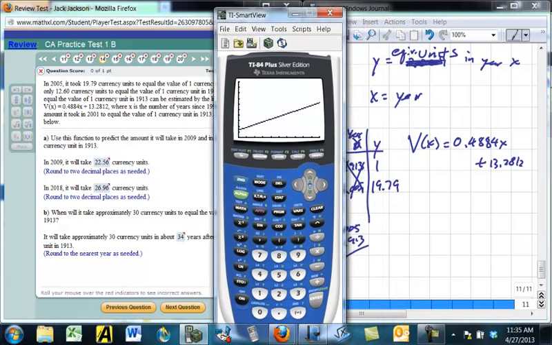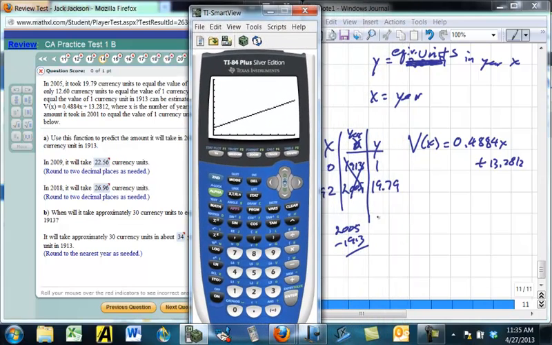In 2009, how much will it take? Well, we need to figure out what the X value is. 2009 minus 1913 gives us an X value of 96. And if we look at our graph, we can just hit trace and type in that X value, which was 96, right? And that gives us the Y. Hang on a minute, was I in the right place here? 2009, okay.